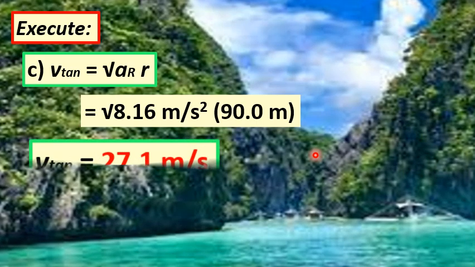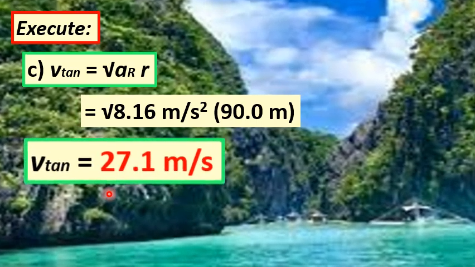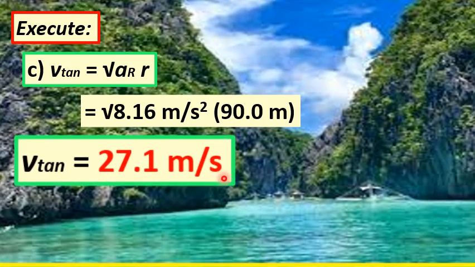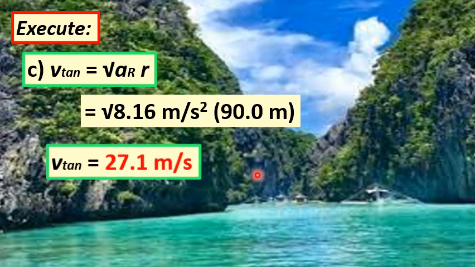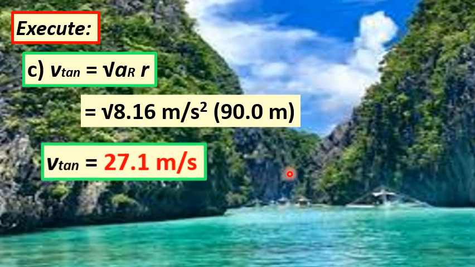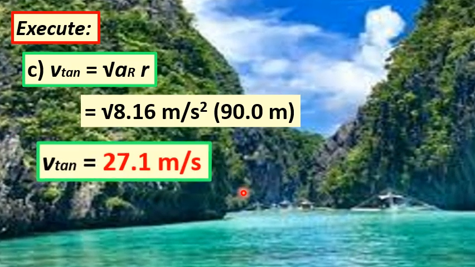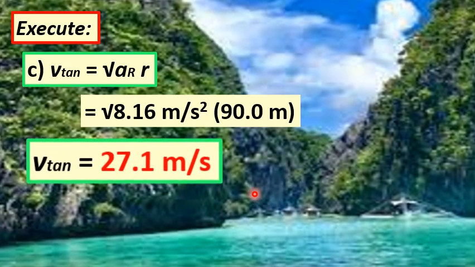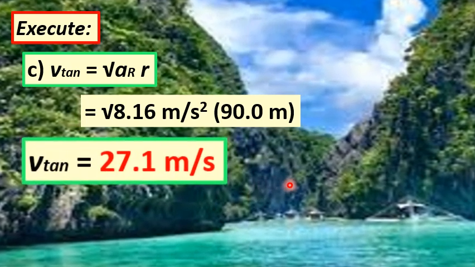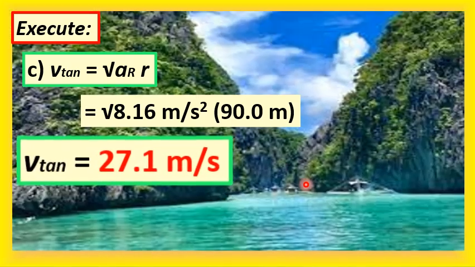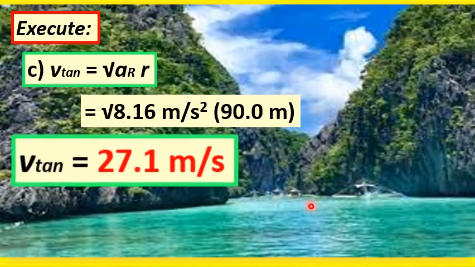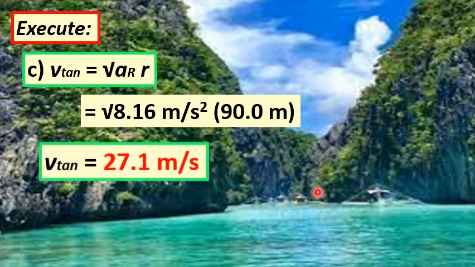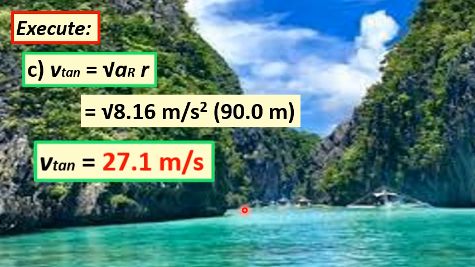Doing our math, we arrive at the value of the tangential speed equal to 27.1 meters per second, also in three significant figures. So this is the required speed of the car so that the car will be able to maneuver perfectly around the circular curved path without skidding.